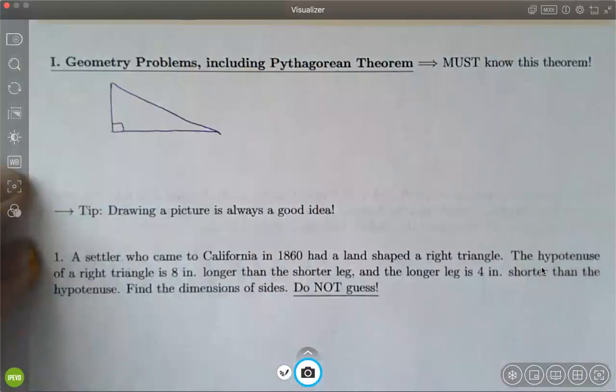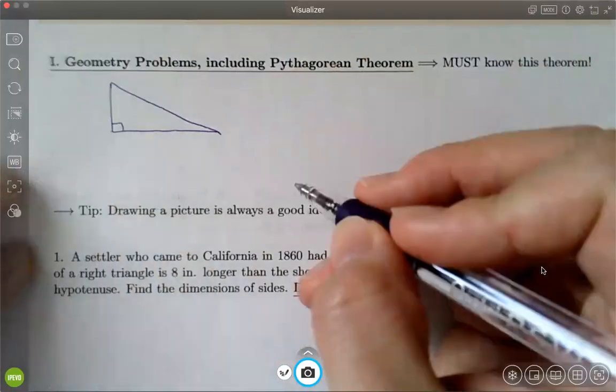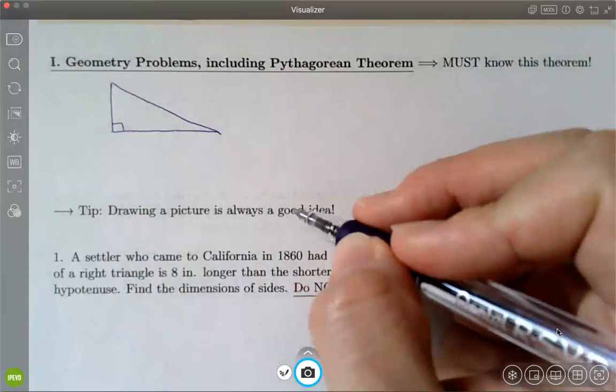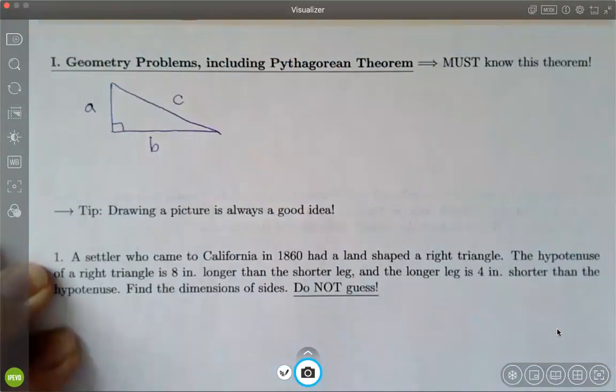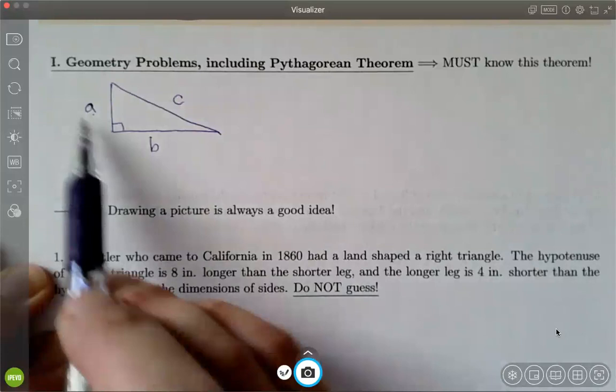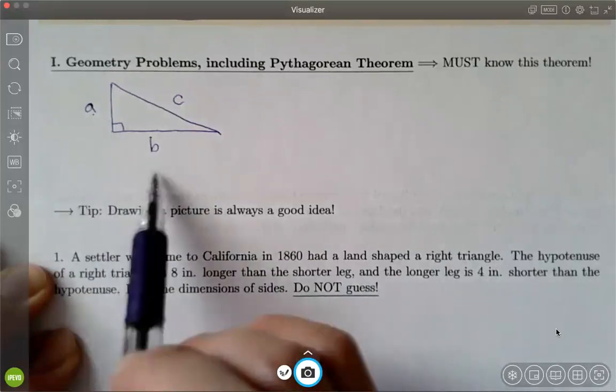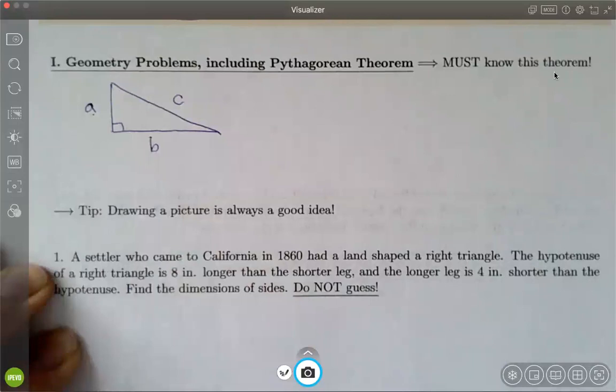Okay, and there are labels A, B, and C, right? Now, although there are some discrepancies, most people choose to label like this. That's the nearly standard representation. Now, what are the names of A and B, other than sides? The legs, yes.